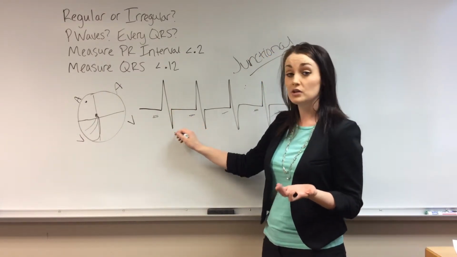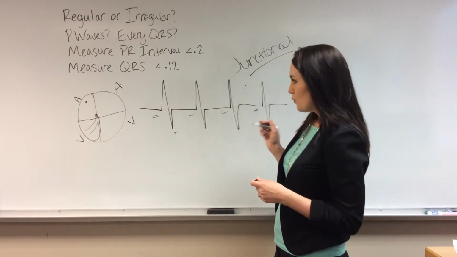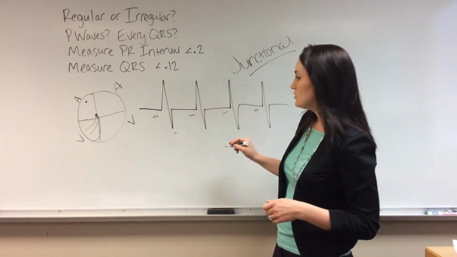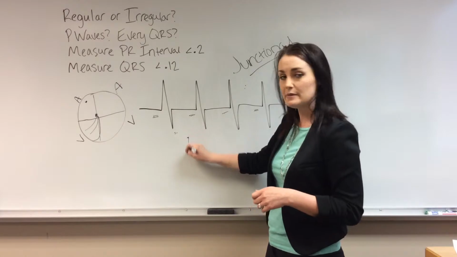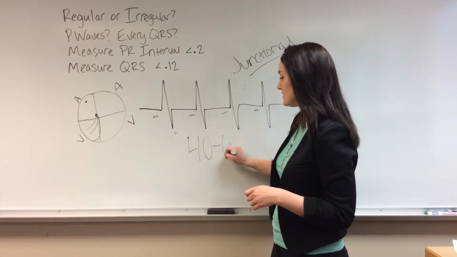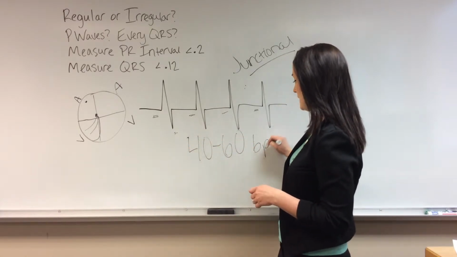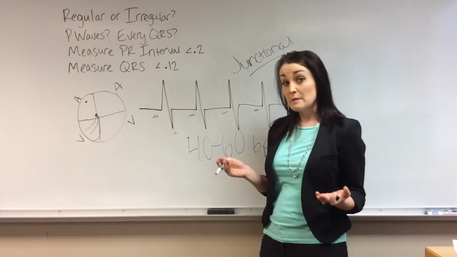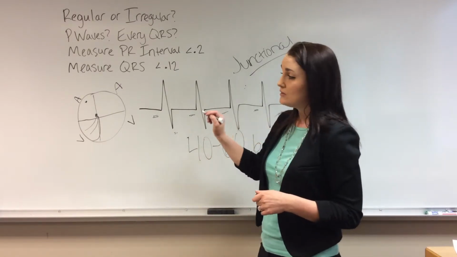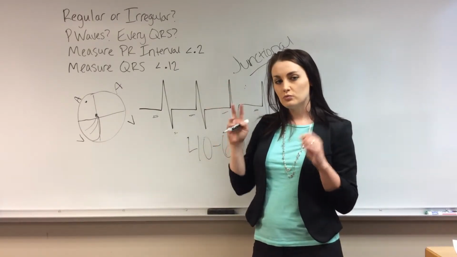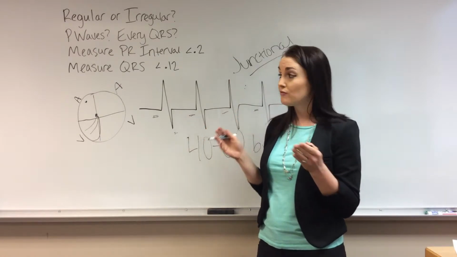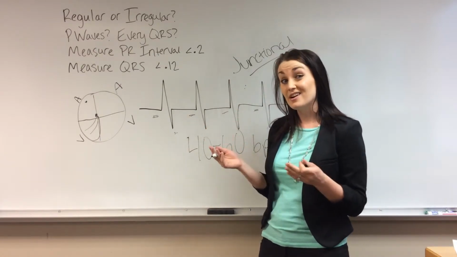and that's why we then get the ventricle depolarization of our QRS. The thing with junctional is the normal rate is going to be 40 to 60 beats per minute. As you might remember from that first video, there's different normal rates for where the impulse originates in the heart.